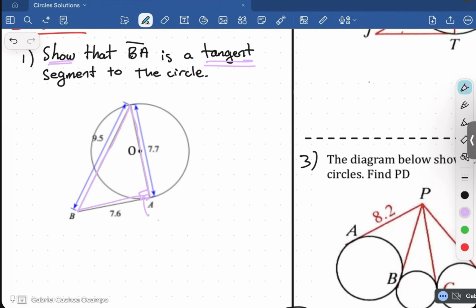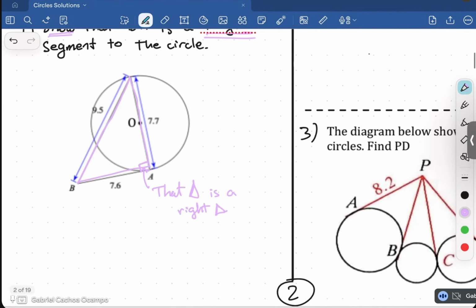And how do I check if a triangle is a right triangle? Well, we need to use the converse of the Pythagorean theorem. I need to check what is 9.5 squared. Remember that C is my largest side. 9.5 times 9.5 is 90.25.